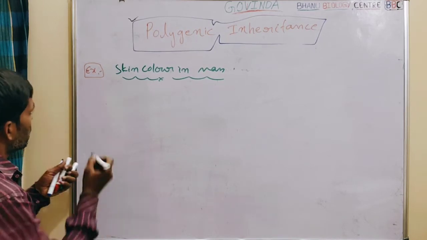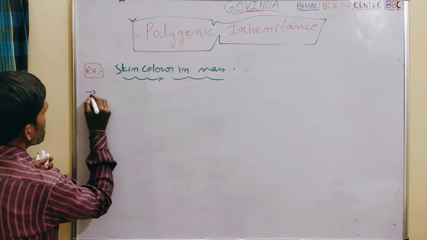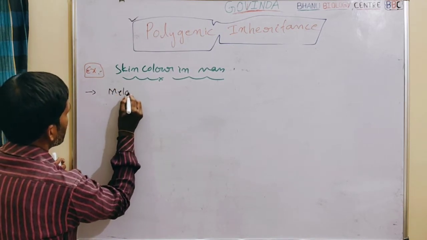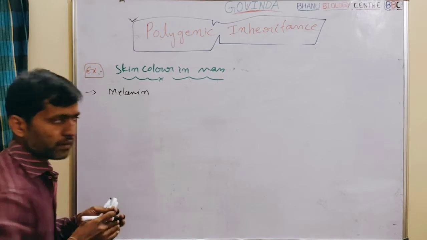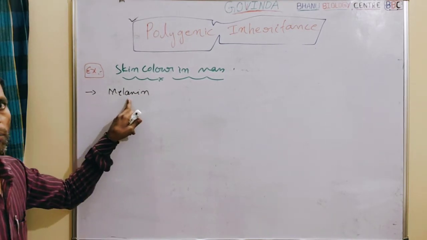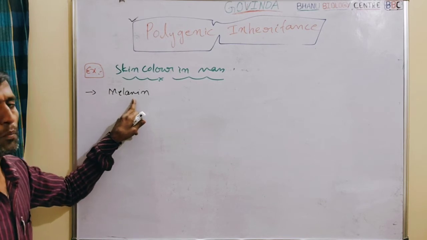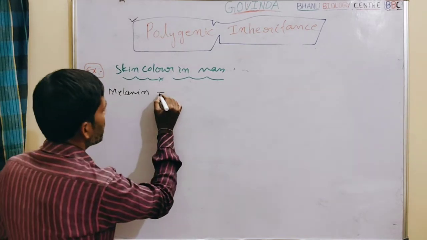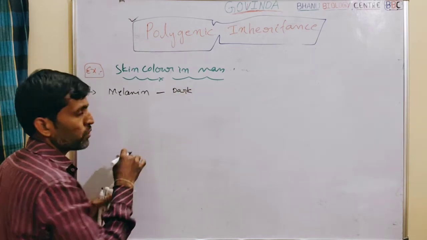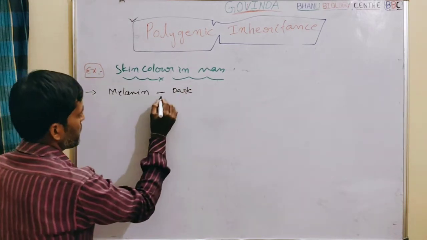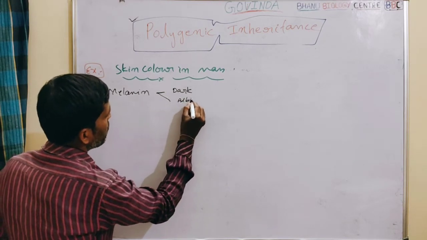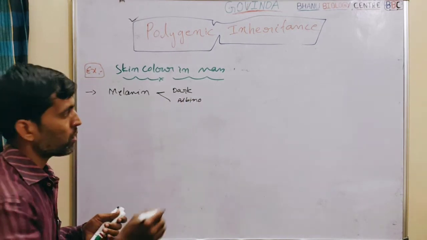The substance responsible for skin color is melanin. Where more amount of melanin is present, it causes the dark color in a person.